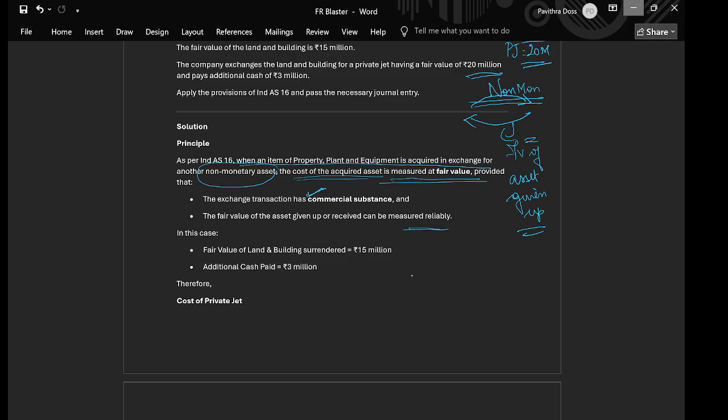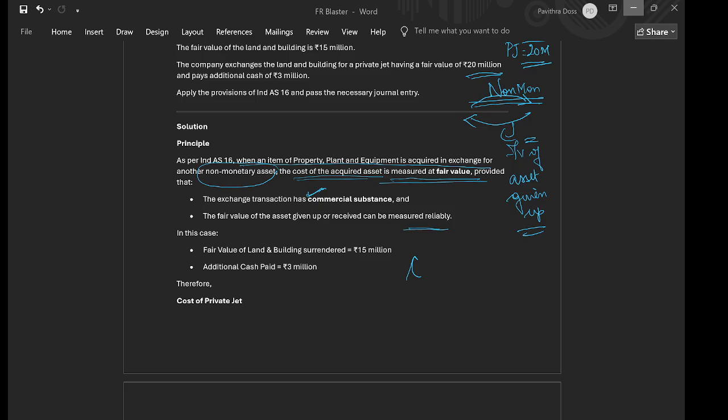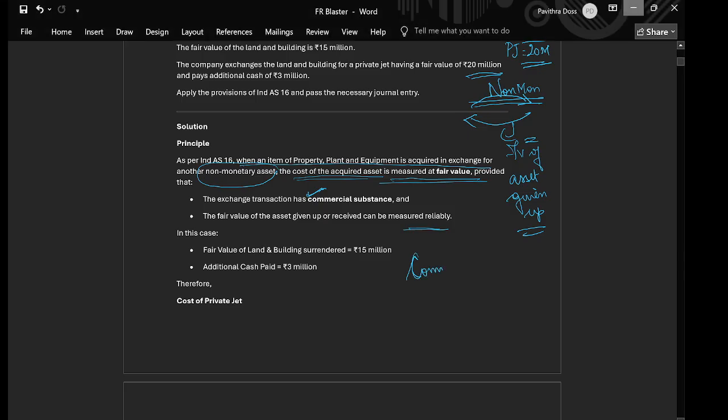Commercial substance means there should be some need for this transaction, not just a simple exchange transaction, but there should be some need for that, right? And the cost must be reliably measured.